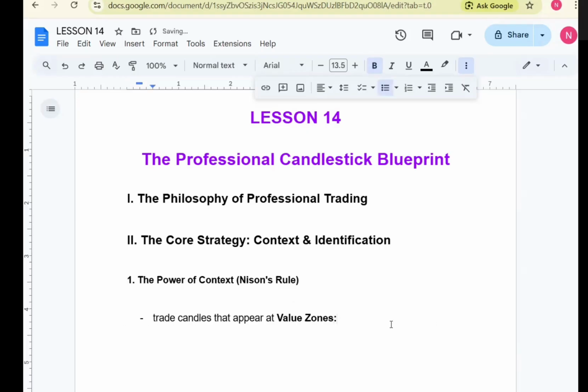First point. So what are the major value zones? The first one is major support or resistance, of course, and that's why I always have the broader view, in a bigger time frame from daily D1 to H4, and go back to 1 hour and minutes time frames to identify the major support and resistance.